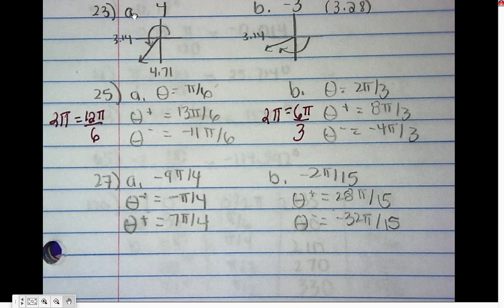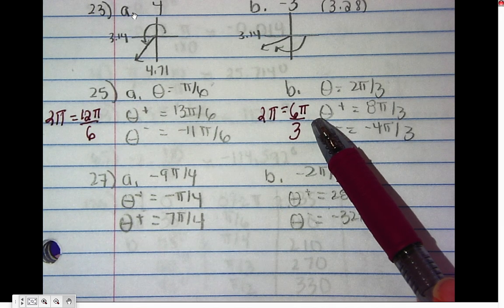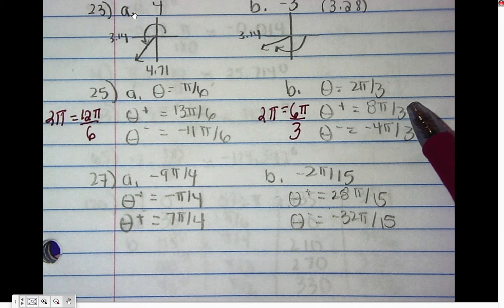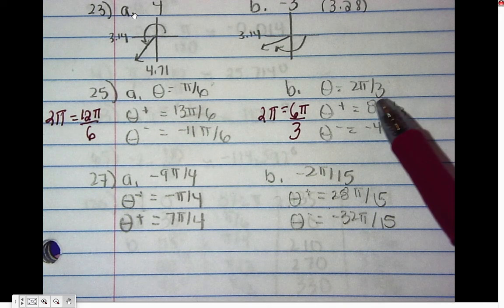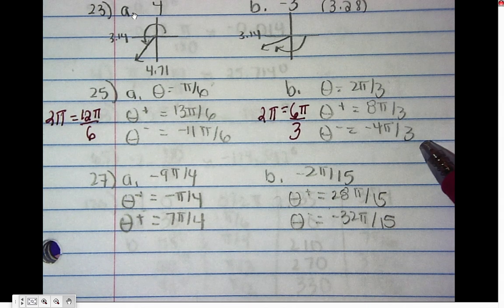So instead of adding 2 pi, you can just add 6 thirds. It's the same thing as 2. So when you take 2 pi over 3 and add 6 pi over 3, we get 8 pi over 3. And when I have 2 pi over 3 and I subtract 6 pi over 3, I have a negative 4 pi over 3.